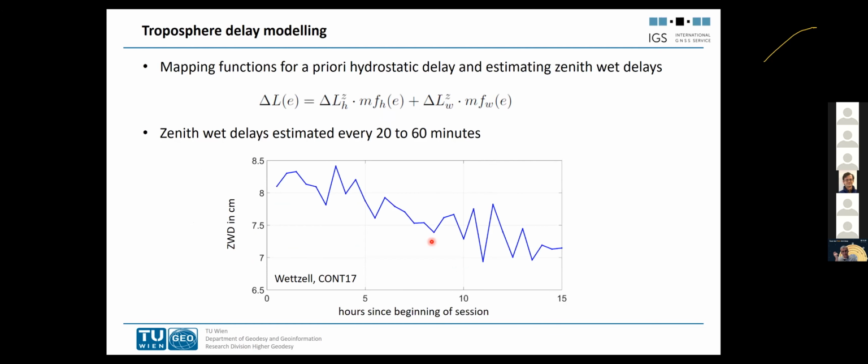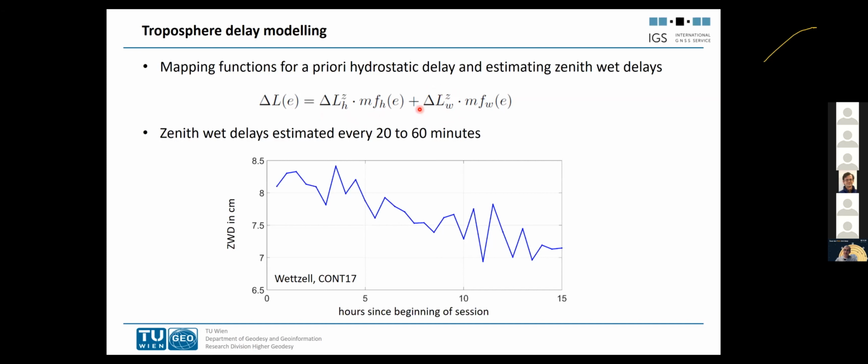So how do we do troposphere delay modeling then? Here, delta L is the tropospheric delay. We take pressure values at the site and calculate the hydrostatic zenith delay. Then we take the hydrostatic mapping function to map the hydrostatic zenith delay down to lower elevation angles. And we estimate the wet zenith delay with the wet mapping function as partial derivative.